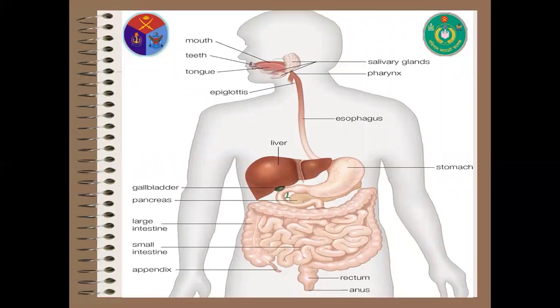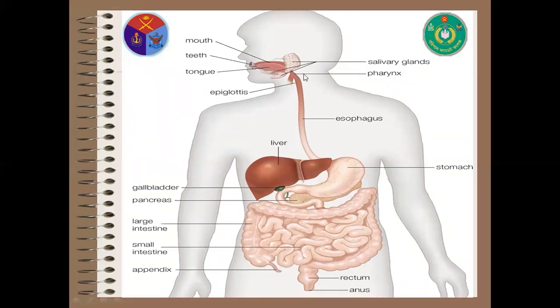Okay, dear boys, you have seen a figure of the digestive system. Here is the mouth, then when the mouth is open, you see a cavity. This is called buccal cavity. The next part of buccal cavity, which is tube shaped, its length is 10 centimeter.